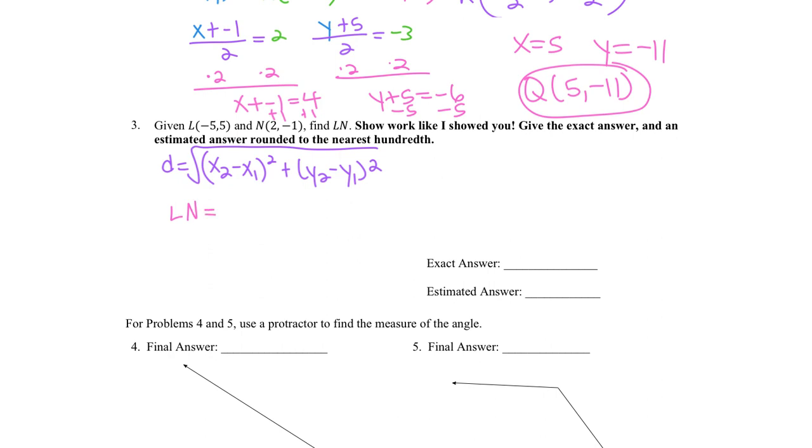All right, so I'm going to write LN is equal to the square root of, I'm going to write the square root last. We have to do our x's, so second x is 2. So I'm going to write 2 minus, immediately writing that minus, this negative 5 here. So notice I have 2 negatives in a row. I'm not going to change it yet. I always want you to write minus first. I'll go back and say, oh, that's adding a positive.